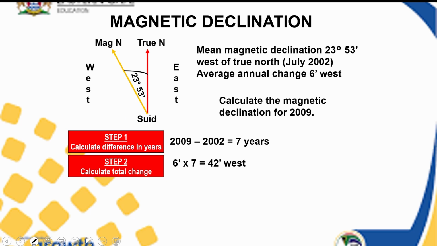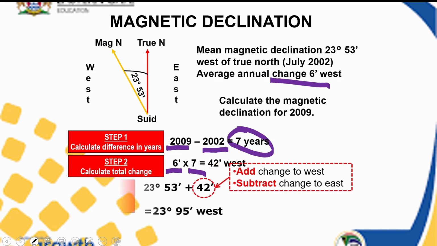The annual rate of change was 6 minutes westwards. So you have to find the difference between 2009, the year you were asked to calculate for, and 2002. The difference was 7 years. So you have to multiply the annual rate of change, which was 6 minutes west, by 7 years, which is the difference.